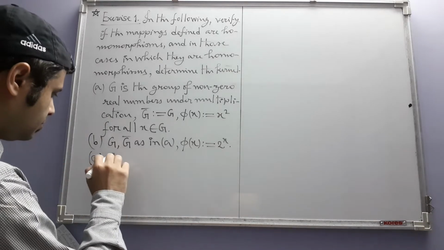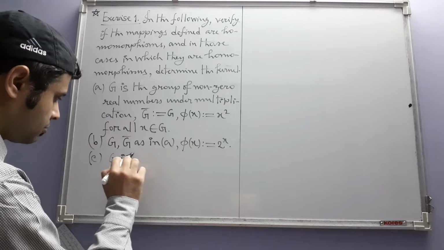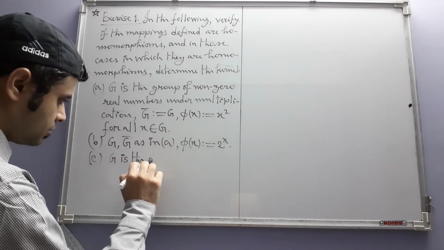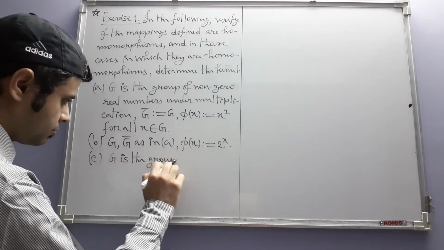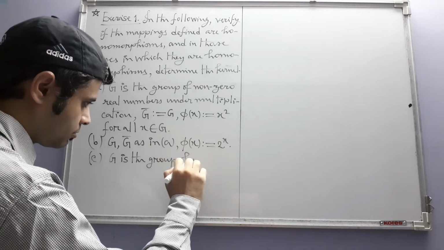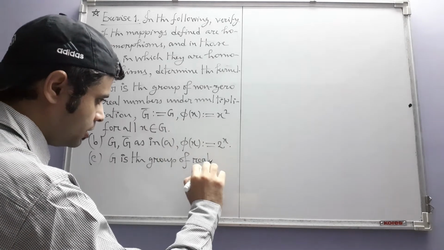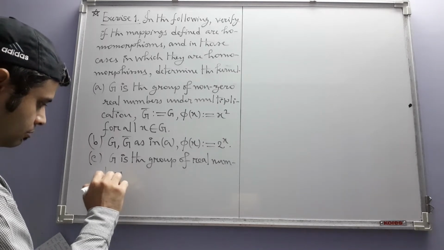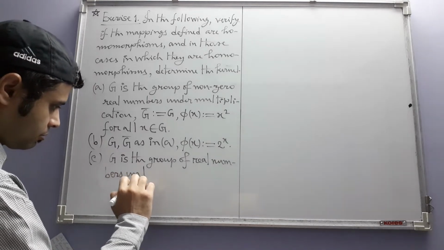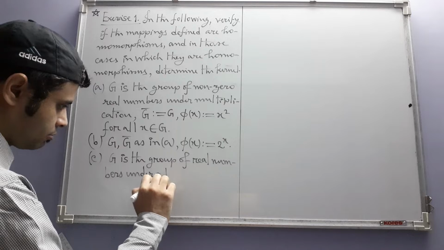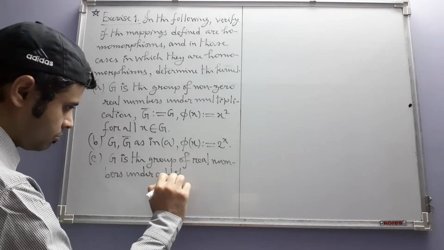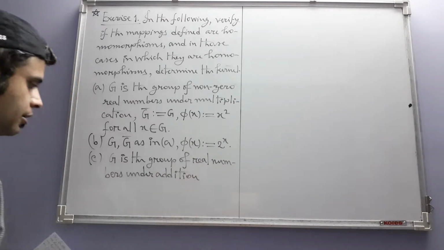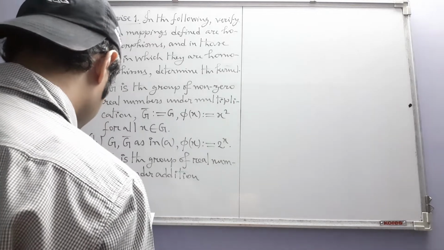In part C, G is the group of real numbers under addition.